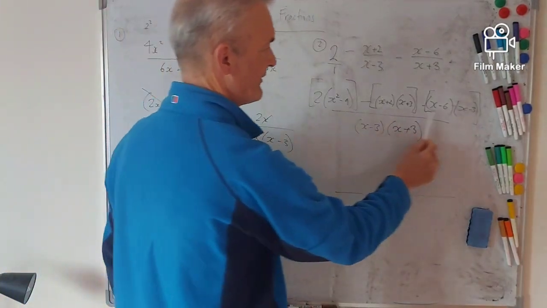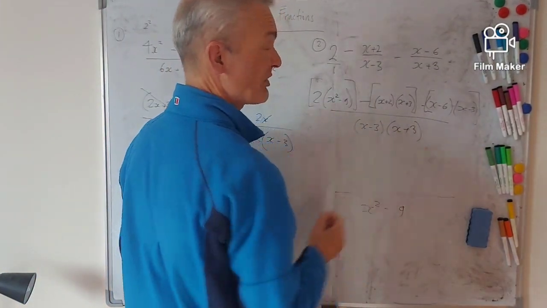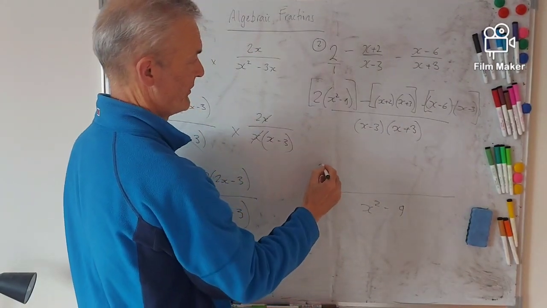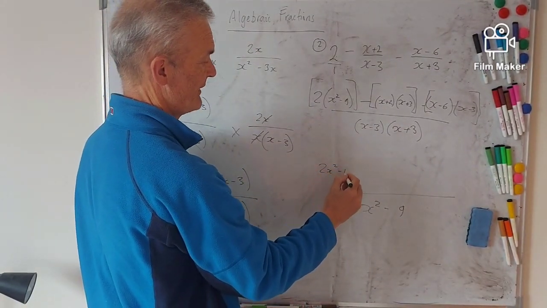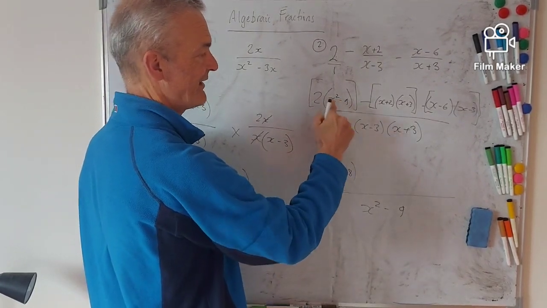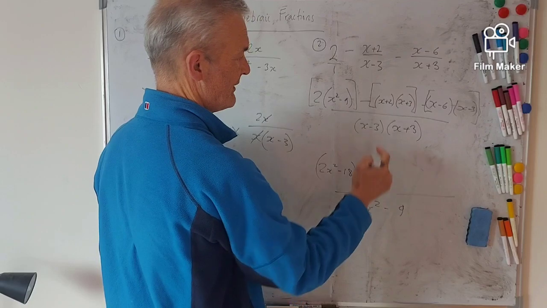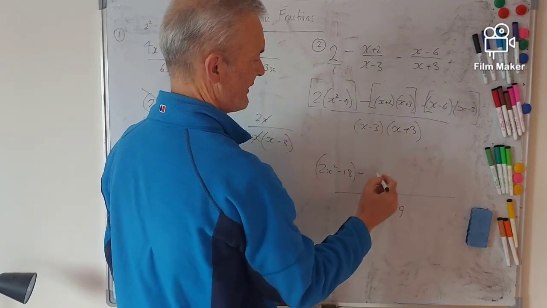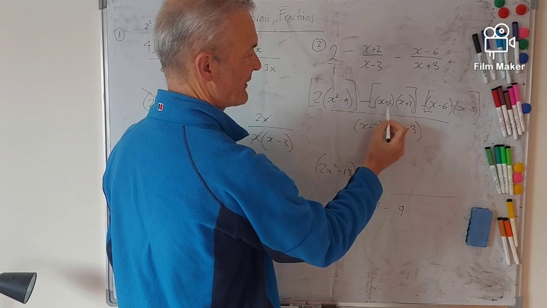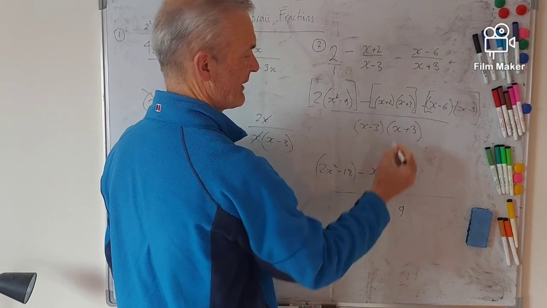So we need to simplify this row here. So I'm just going to multiply out the brackets first. So starting with this, we're going to get 2x squared minus 18. Okay, so multiply out that inner set of brackets. And then here we're going to get x times x is x squared. x times 3 is 3x. 2 times x is 2x, so that's 5x.